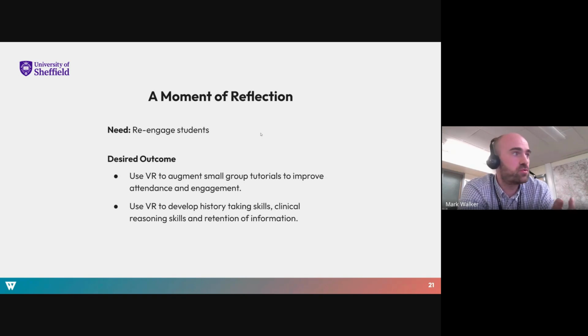And using the avatars to allow students to develop their history-taking skills, clinical reasoning skills, and practice presenting information to patients through an avatar, which hopefully, with a unique learning experience, will help them reinforce information in their mind, and retain information from interesting learning experiences to then apply themselves. This is what we're hoping to achieve by changing some of the approaches to engagement with the students.